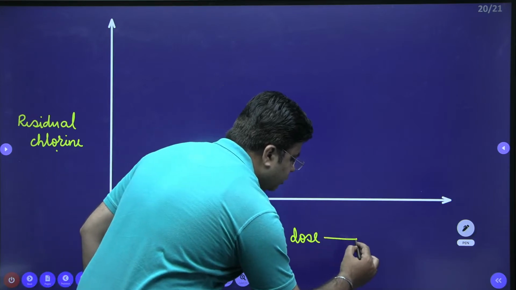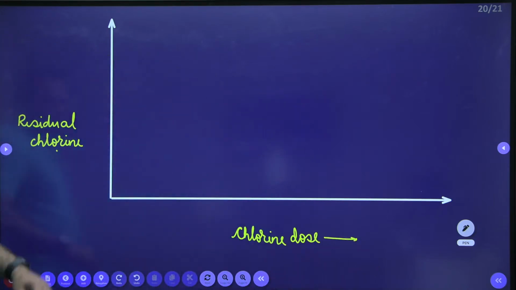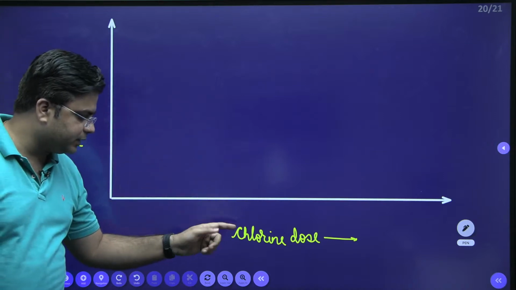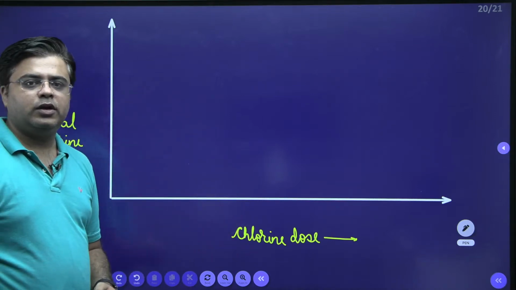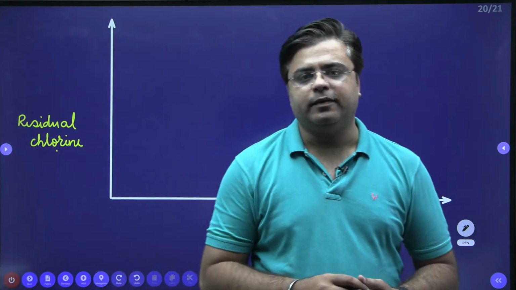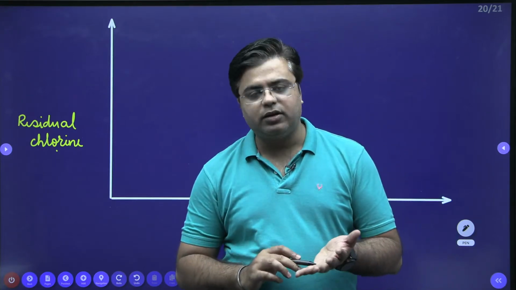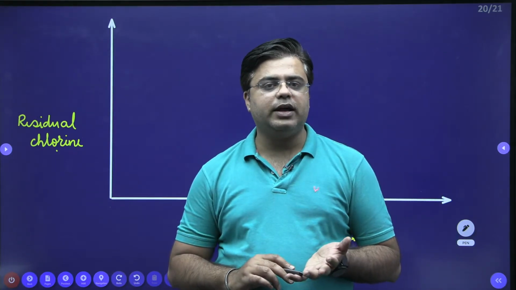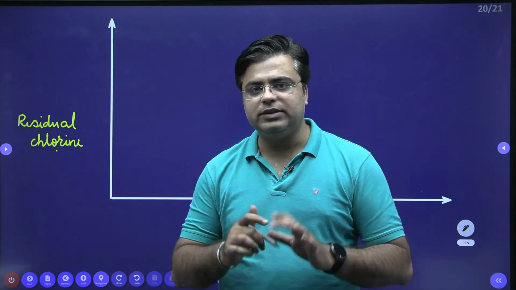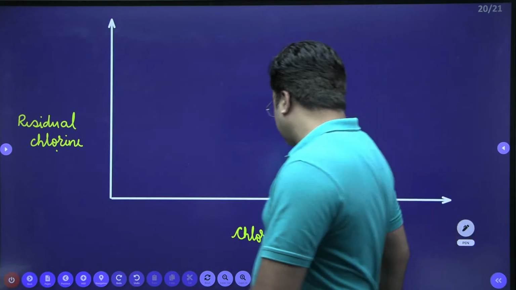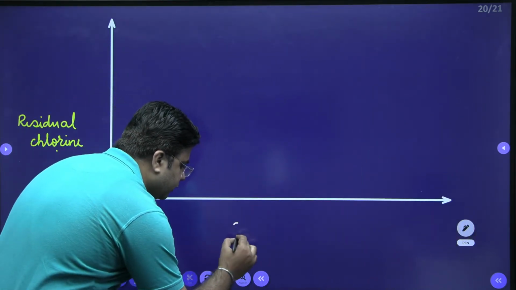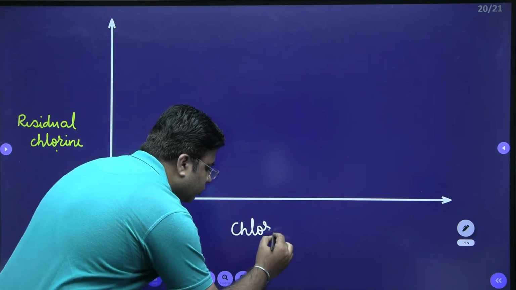This is chlorine dose in milligram per liter, right? Now just imagine one water sample which does not contain anything. Neither does it contain inorganic compound, nor organic compound, nor microorganisms. Just imagine that. So whatever chlorine dose you apply, the entire chlorine dose will be converted into residual chlorine.